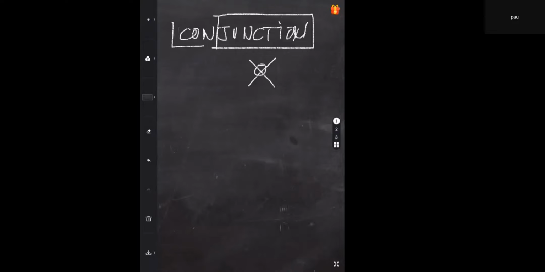And this con is coming from Latin cum, which means with. And by the way, for instance, in Spanish and Italian, con is written exactly the same way. So to say with, you say con.